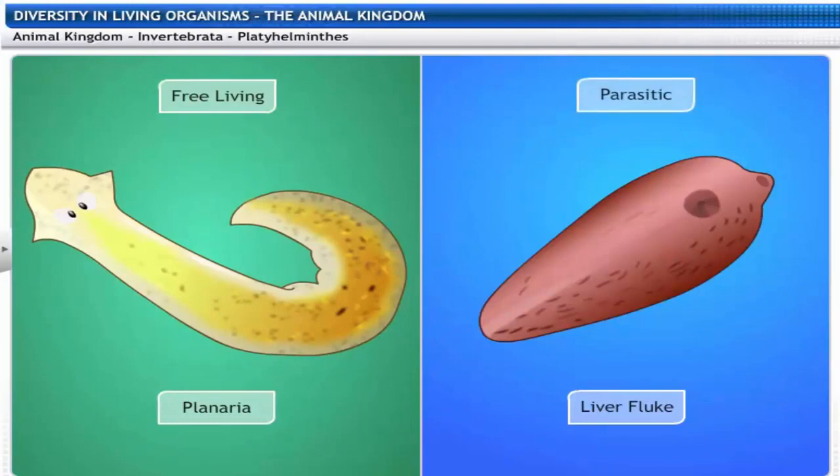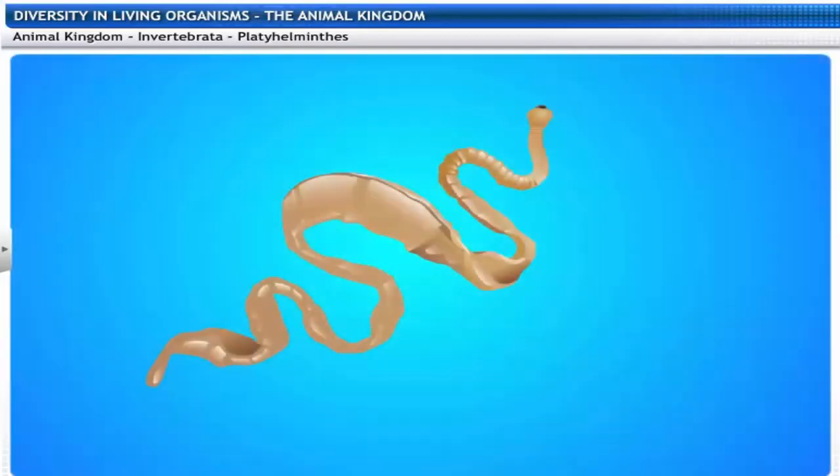Free-living animals include planaria, and parasitic animals include liver flukes. Their bodies are dorsoventrally flat and ribbon-like, and they are hence called flatworms.